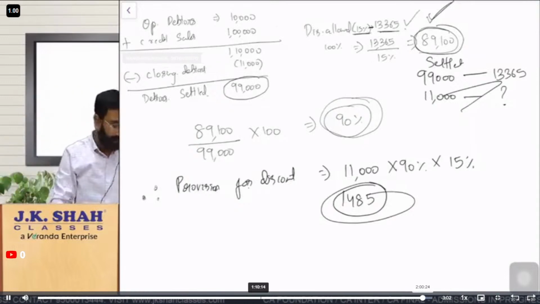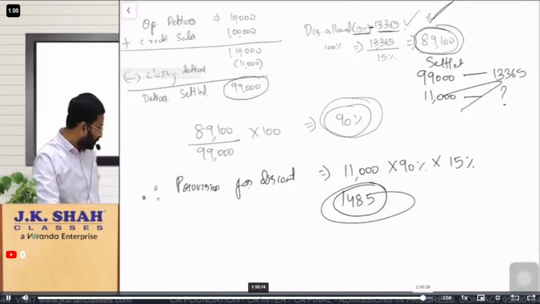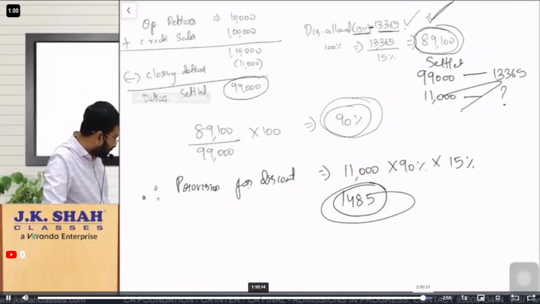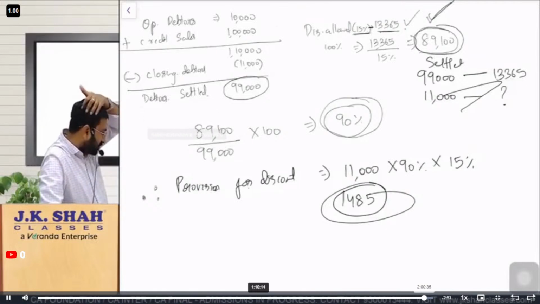Clear? Anyway, put that in the P&L account and find out the net profit. The same answer, 15% of 99,000.